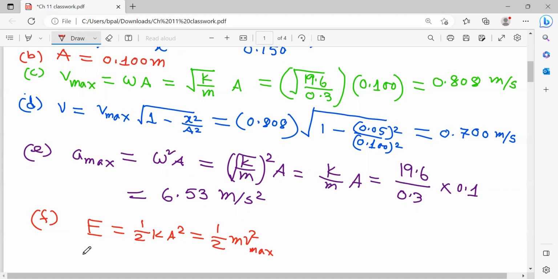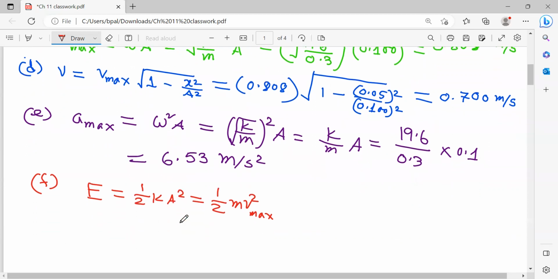But there are three equations we wrote. One of them is this one and another one is this one. To determine the total energy, we can use either this or that. I'm going to use this equation.